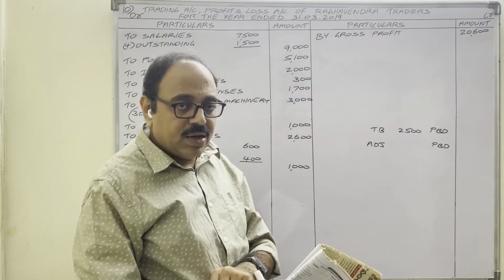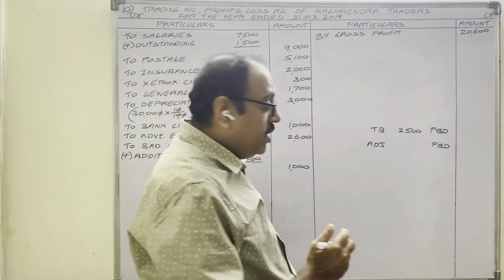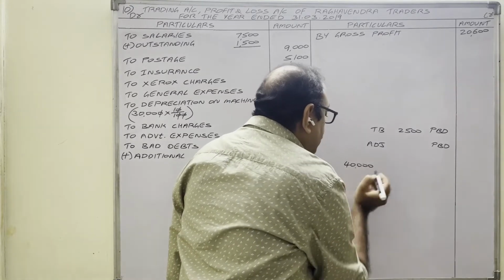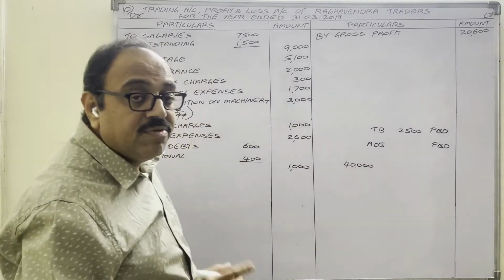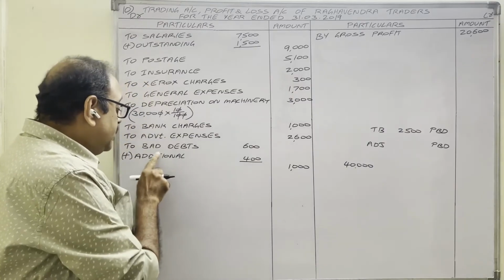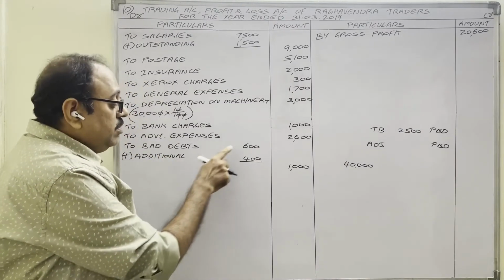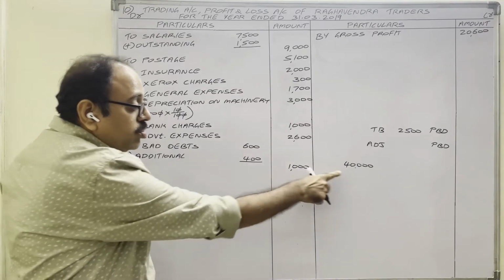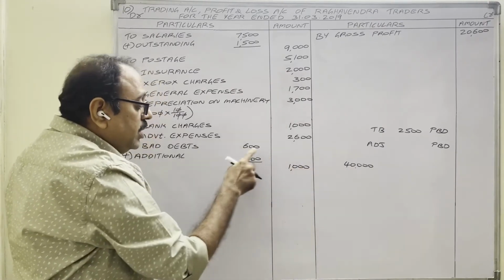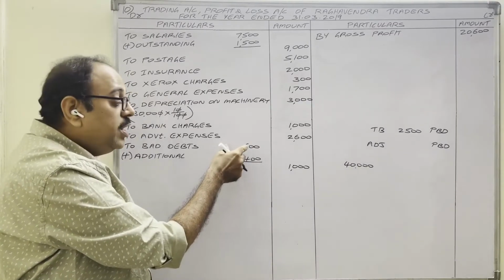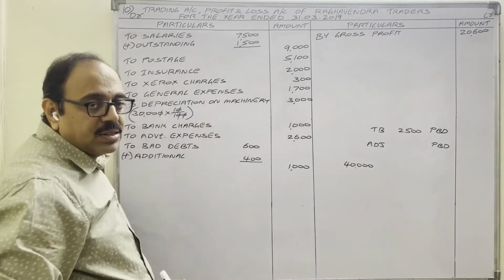First amount we will calculate. On debtors we have to calculate. Debtor value 40,000 rupees. From this, first what we should do? Adjustment bad debt we should minus. See, trial balance bad debt we should not deduct, because in trial balance when bad debt is given, meaning is already it is deducted from debtors.